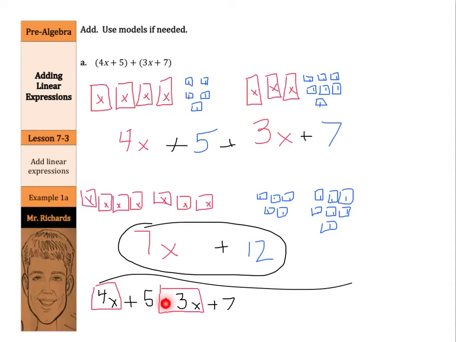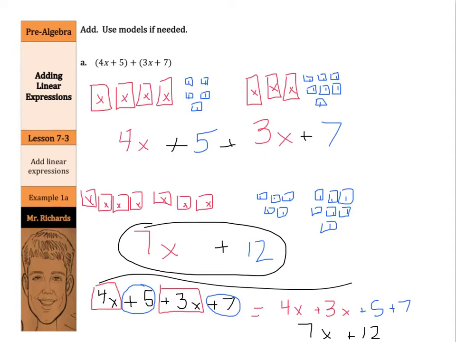Then I put circles around my constants, my plus 5 and my plus 7, because constants are also like terms. If I rewrite this as 4x plus 3x, grouping my x's together, then plus 5 and plus 7, once again, 4x plus 3x is 7x, and 5 plus 7 is 12.